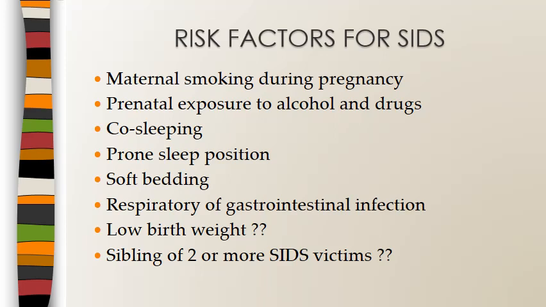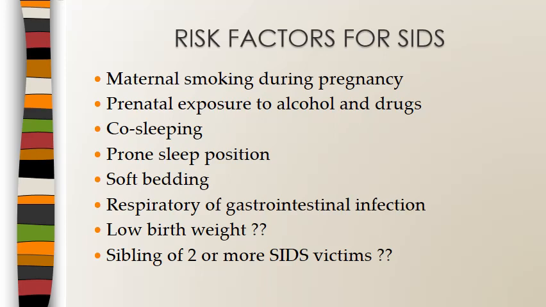So maternal smoking during pregnancy, exposure prenatally to alcohol and drugs, co-sleeping, prone sleep position, soft bedding, respiratory or gastrointestinal infections, possibly low birth weight, and then there's some question about siblings.